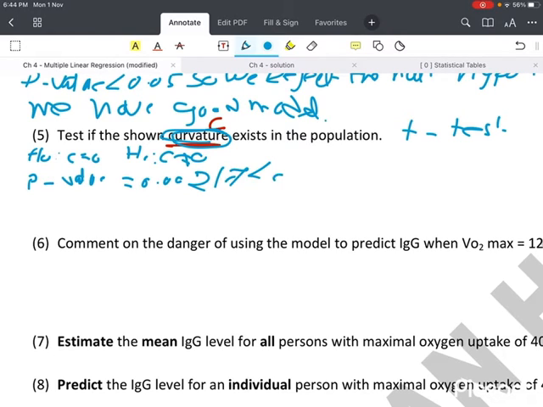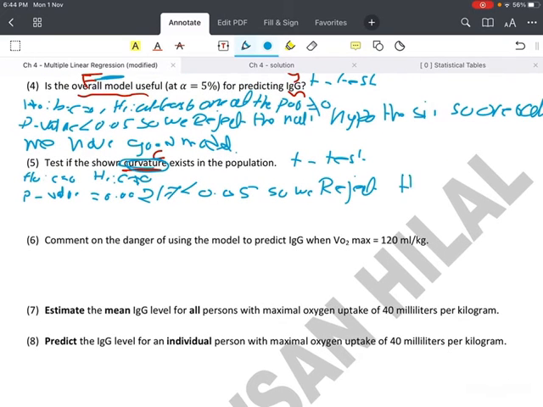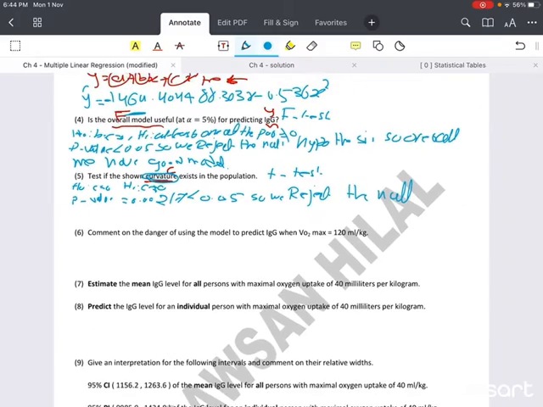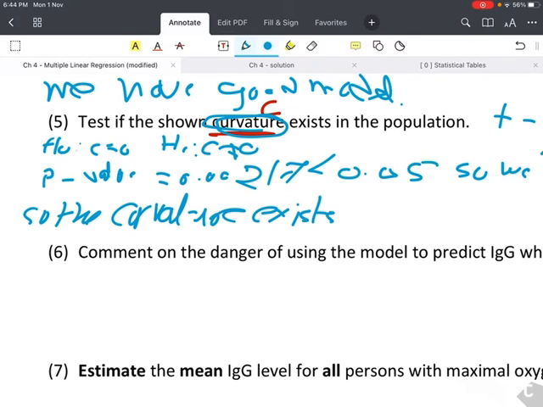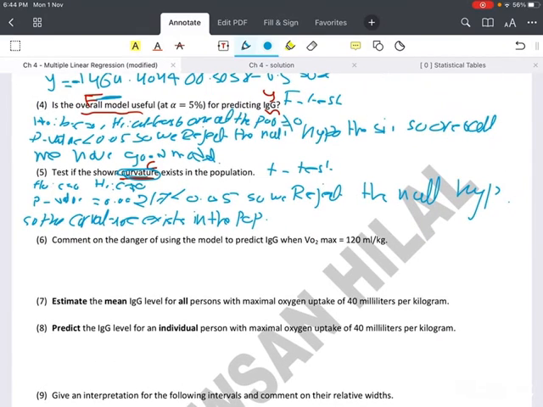It is less than 0.05, which is the alpha. So we reject the null hypothesis. So the curvature exists in the population. So this would be the answer for 5.